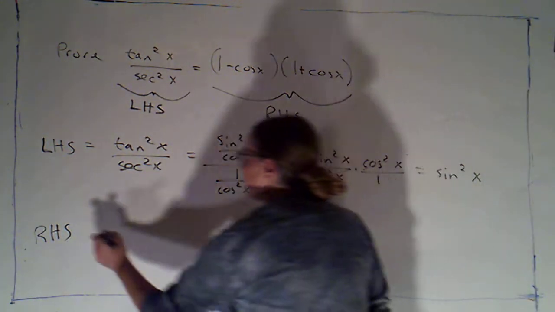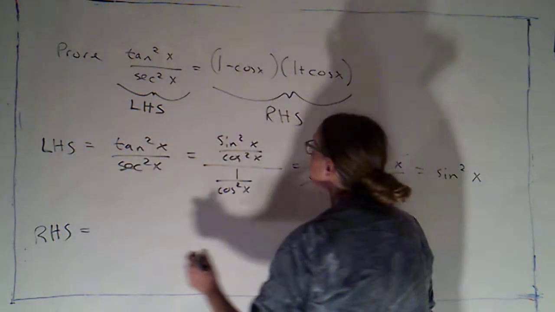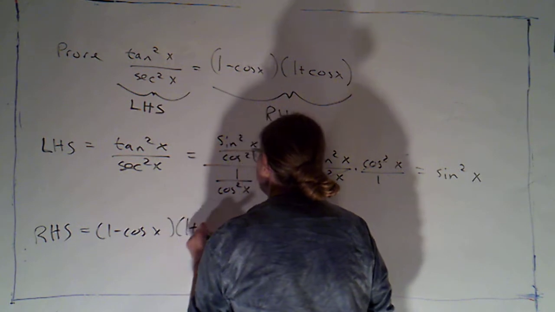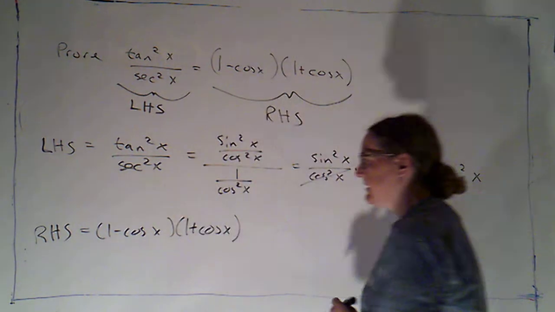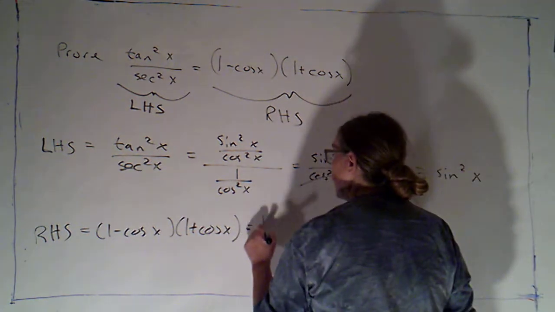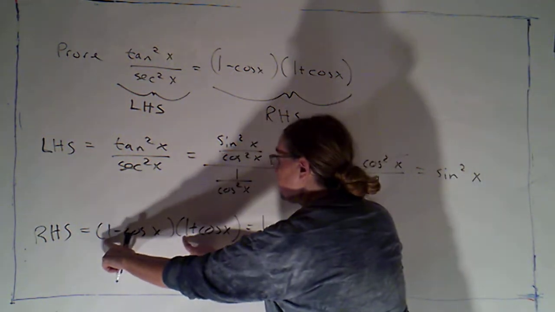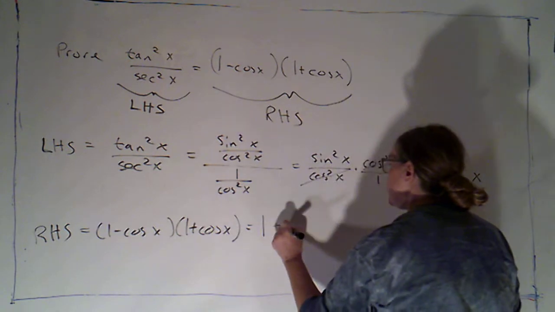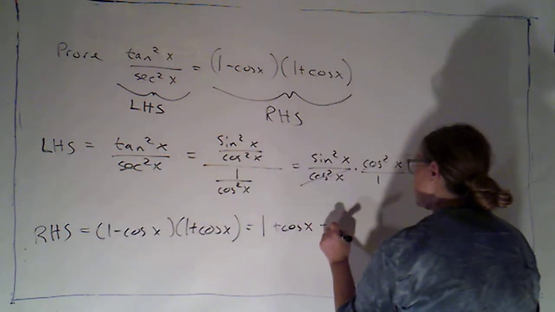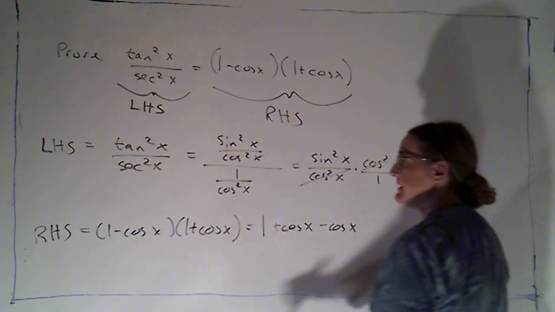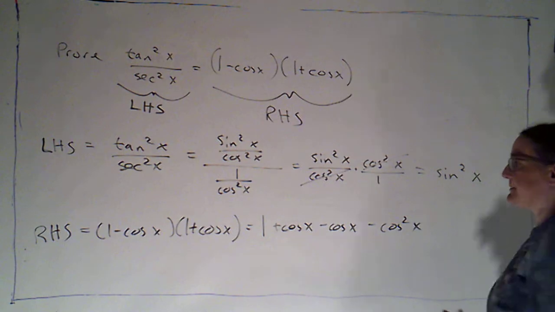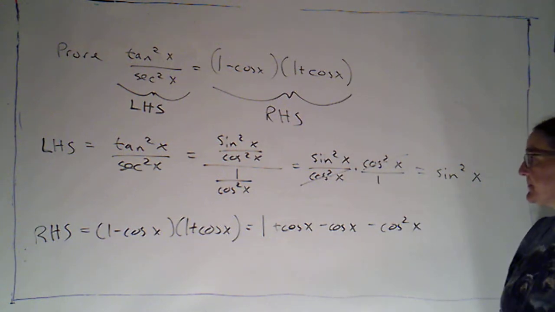And I can say the right-hand side is equal to 1 minus cosine x times 1 plus cosine x. And I'm going to just do the multiplication. I'm going to FOIL that out. So that's going to give me 1 from my first terms, plus cosine x from the outsides, minus cosine x from the insides, and minus cosine squared x from the last terms.